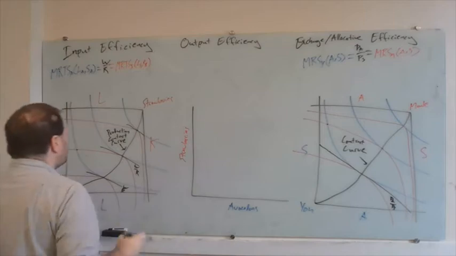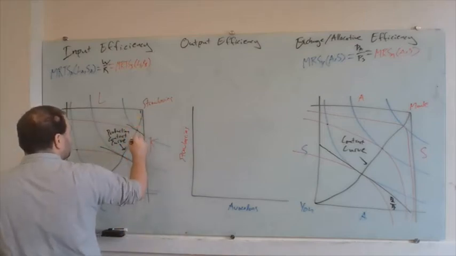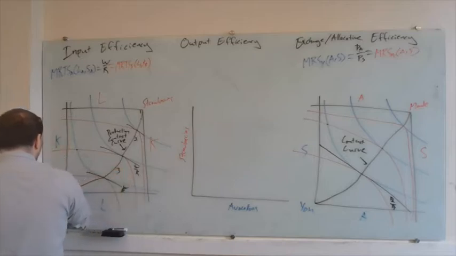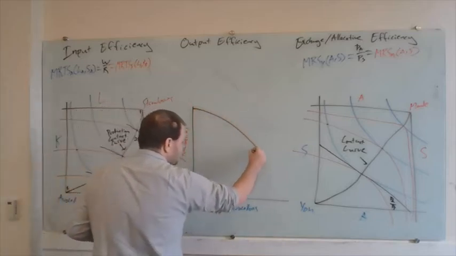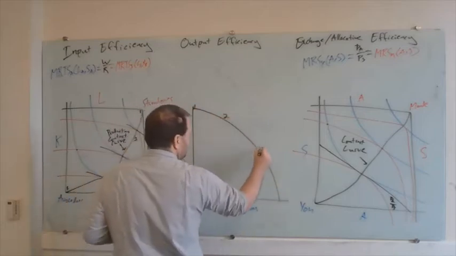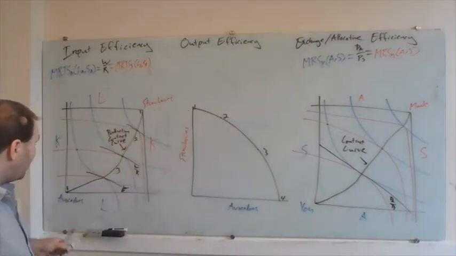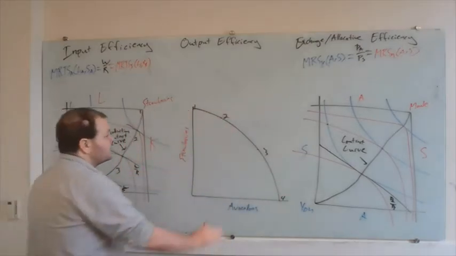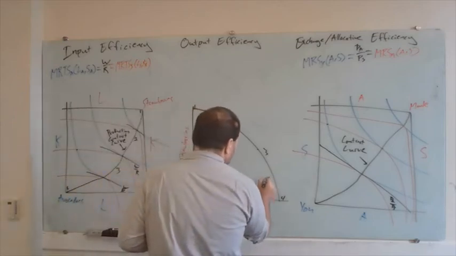Right, and saying that each point on our production contract curve, right, let's say points 1, 2, 3, and 4, correspond to some combination of avocados and strawberries that we can produce. And we said that this represents all of our possible choices, our production possibilities frontier.